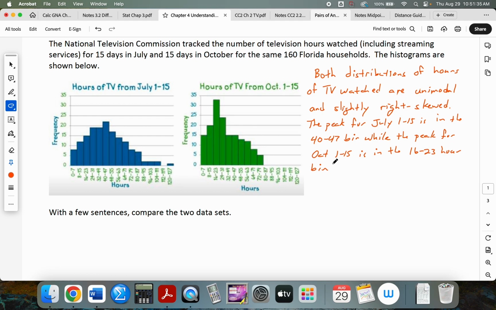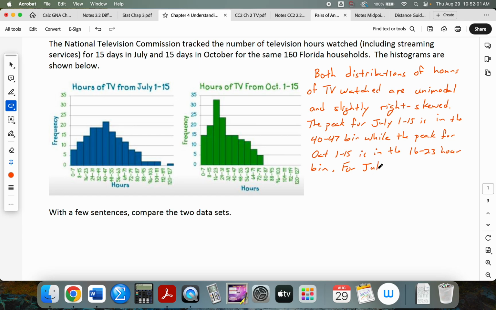I don't have the raw data. I could probably estimate the IQR, but that's going to be kind of a pain. So I'm going to talk about variability. I could give just a range, but I'm going to talk about they varied from this to this.